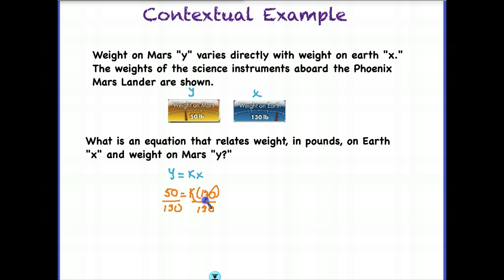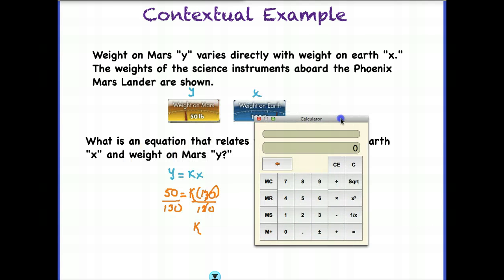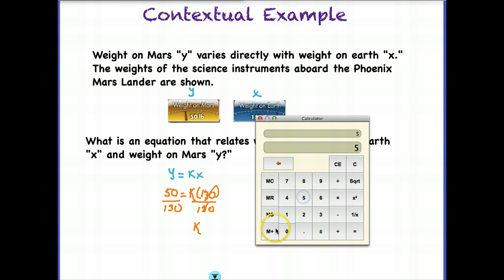Okay, well 130 divided by 130 is gone, so our constant of variation is going to be equal to whatever 50 divided by 130 is. So we'll pull out the calculator and we'll do that math. 50 divided by 130 gives us 0.38.